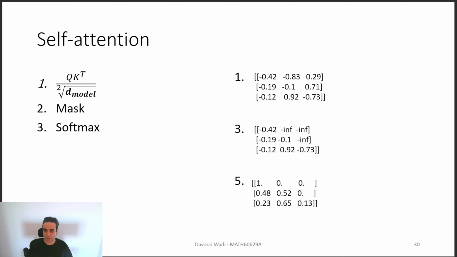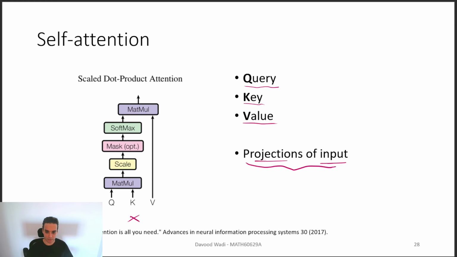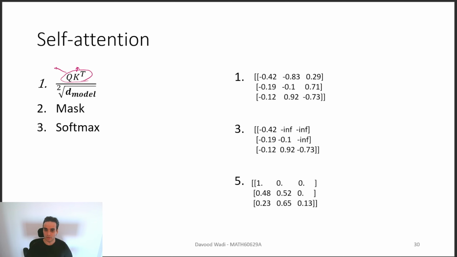To do that, we get the two projections, Q and K. We do a matrix multiplication, so Q times K transposed. That's basically this part of the architecture, the matmul of Q and K. And then the next step is scaling. It's some sort of a normalization, so square root of D model.